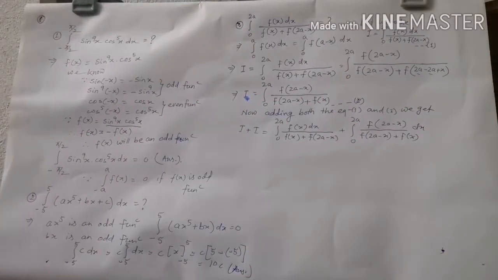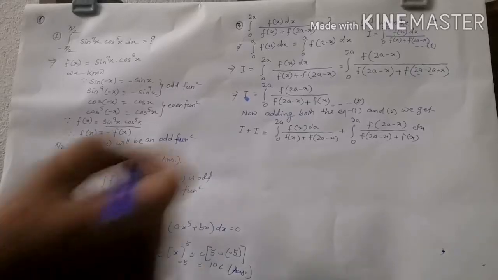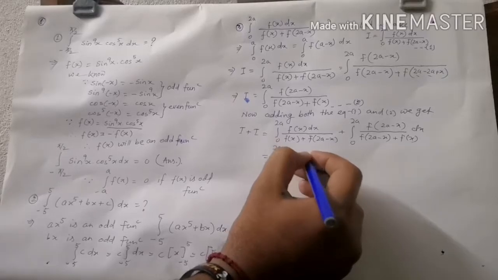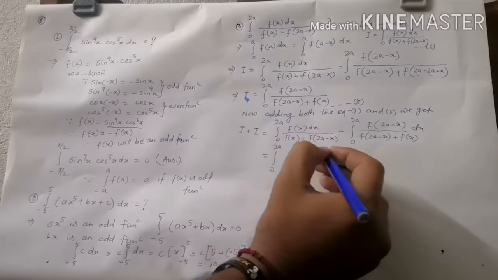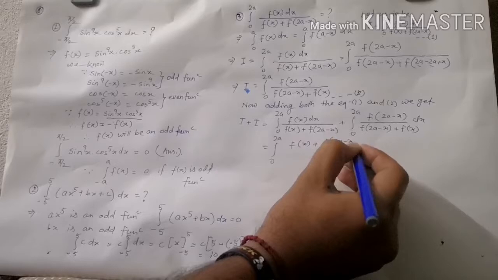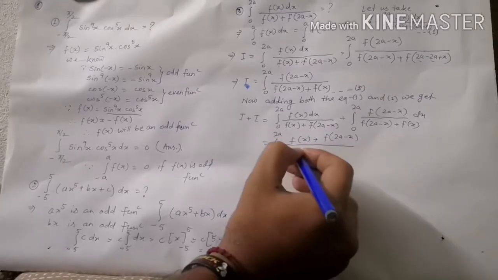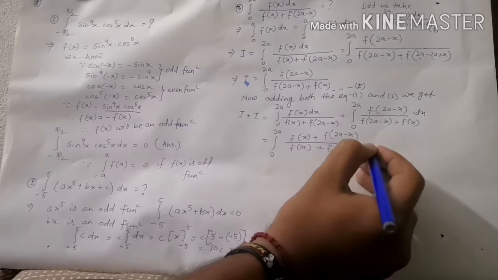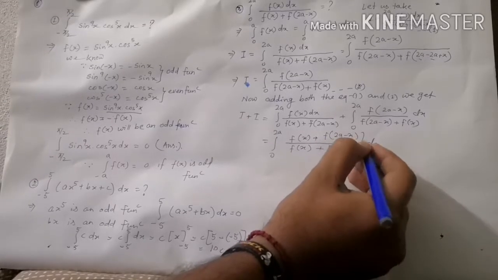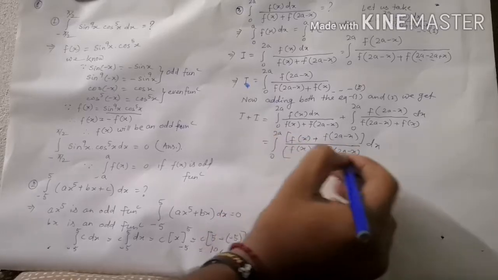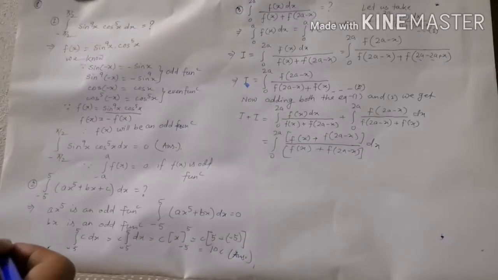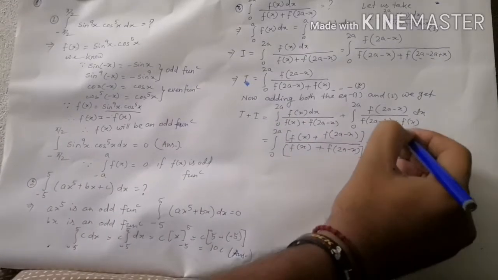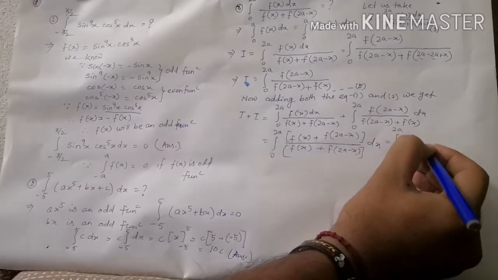Now we will add these two, so we can get f(x) plus f(2a minus x) by f(x) plus f(2a minus x) dx, and now we cancel the numerator and denominator, so we will get integration 0 to 2a only dx.